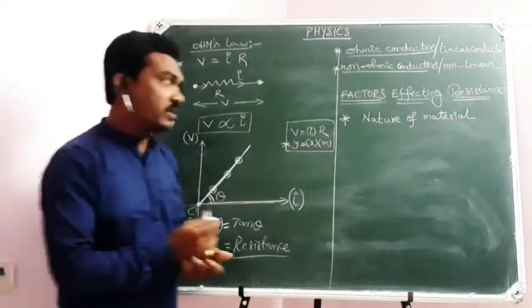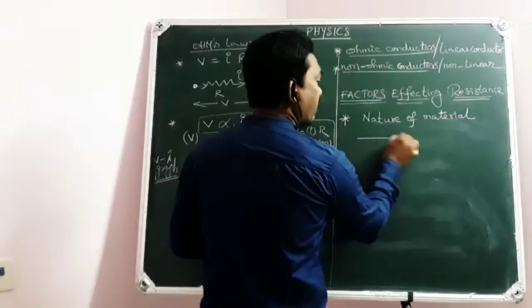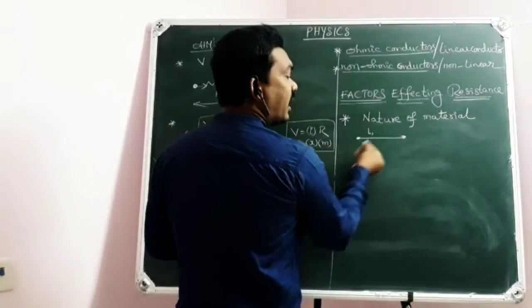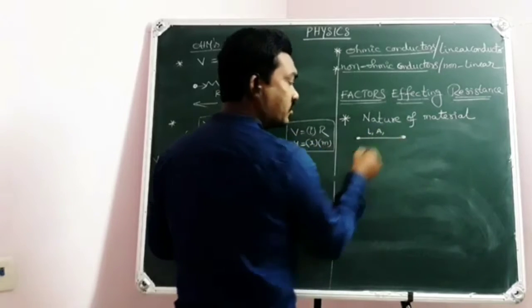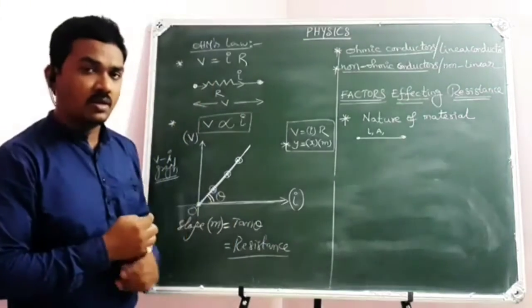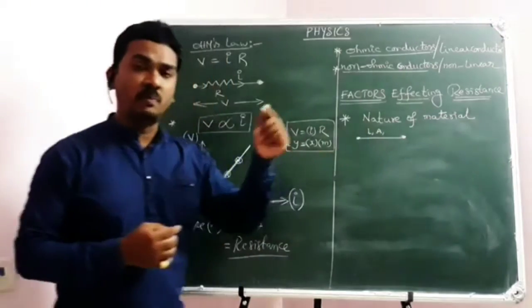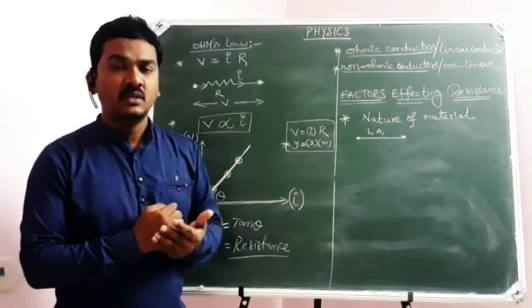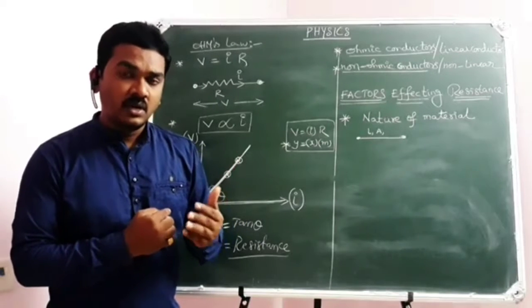If you have taken a conducting wire with some length and some cross-sectional area, I told you in the earlier class, cross-sectional area is pi r square, where r is the radius of cross-section, which is equal to diameter by 2.